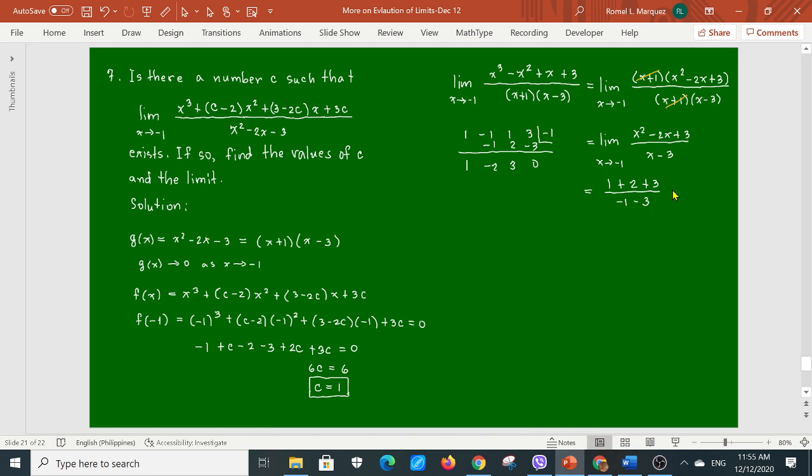When simplified, 6 over negative 4, and that is equal to negative 3 over 2. That's the limit. Any question?